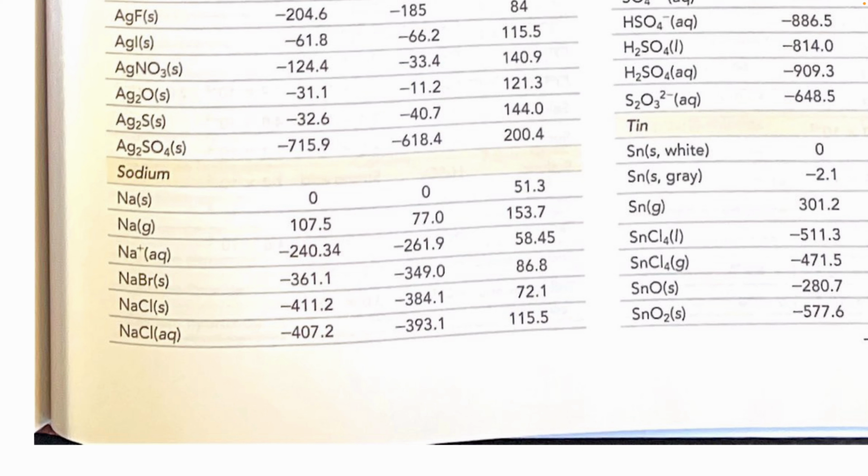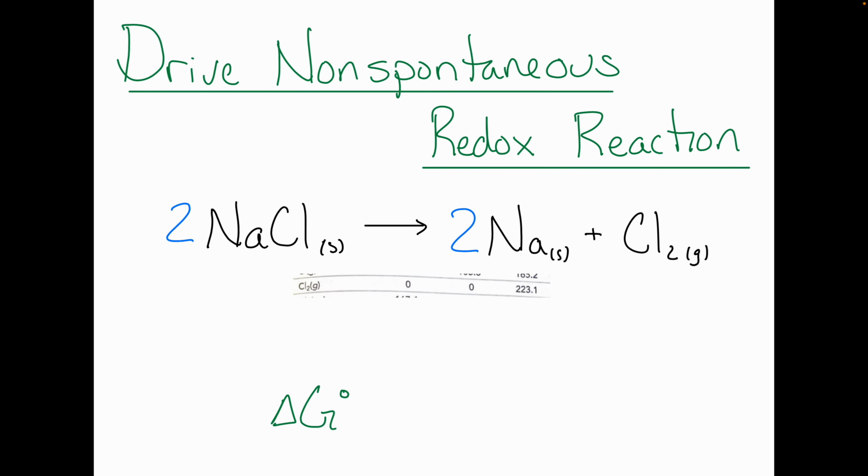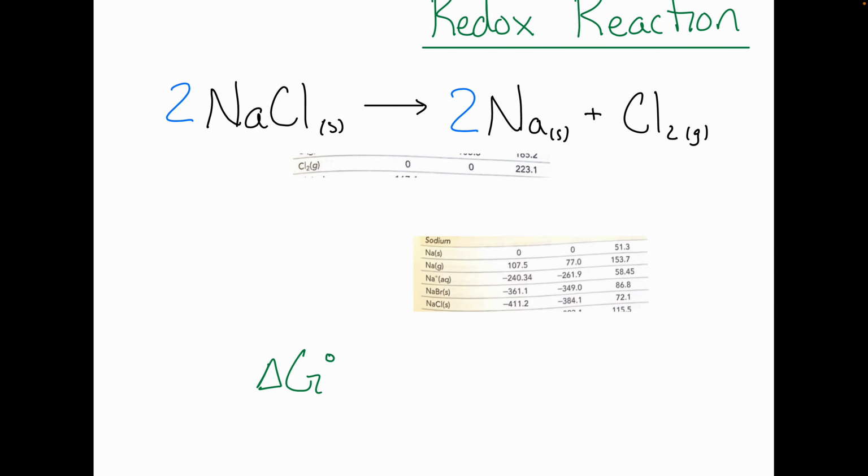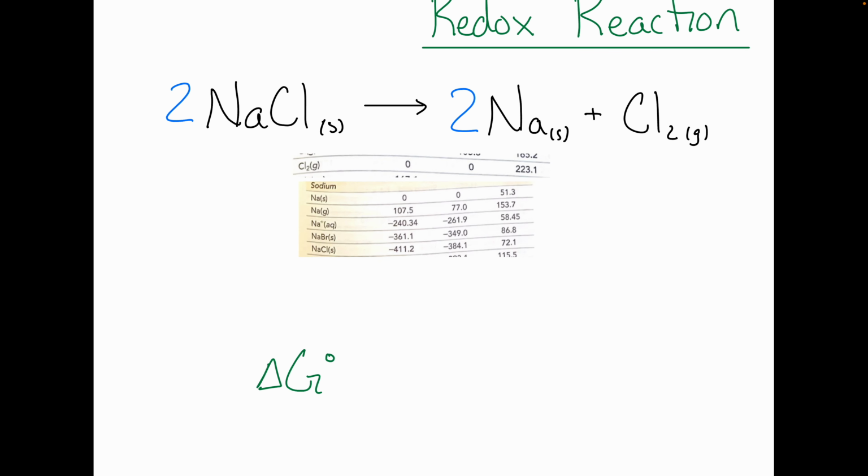Just going to save myself some time, grab this whole block. Cool. And which column were our delta G's? Does anybody remember? The middle column.